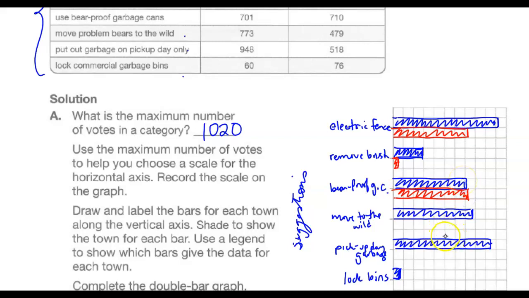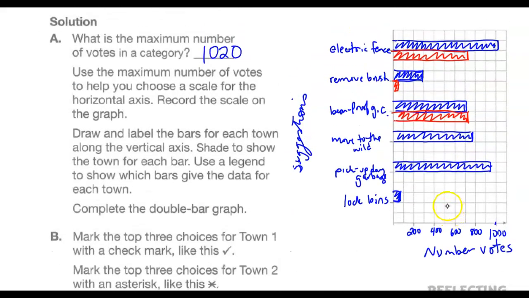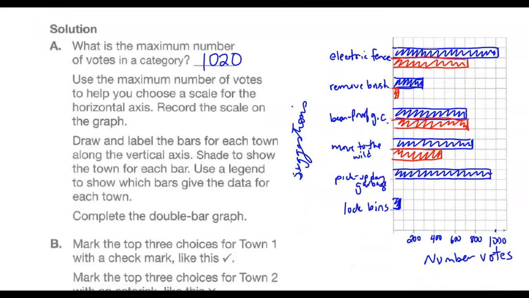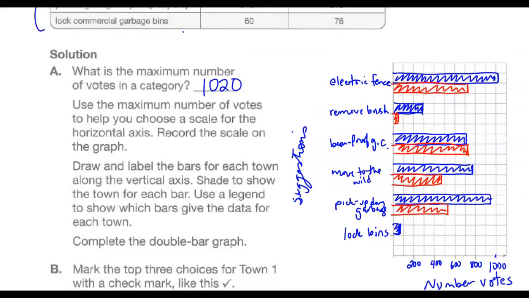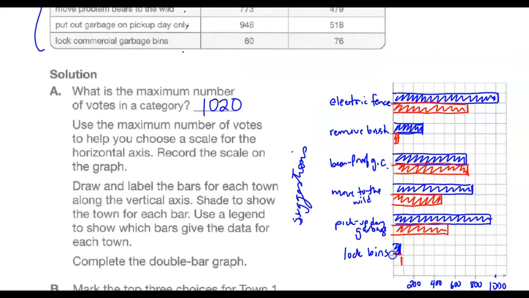And then 479. 518. And 76. Okay, so it's not perfect because I didn't use a ruler, but not bad.